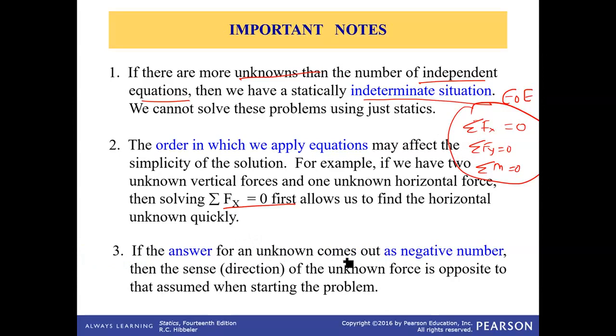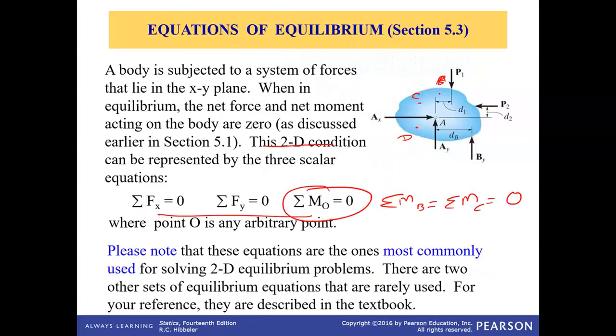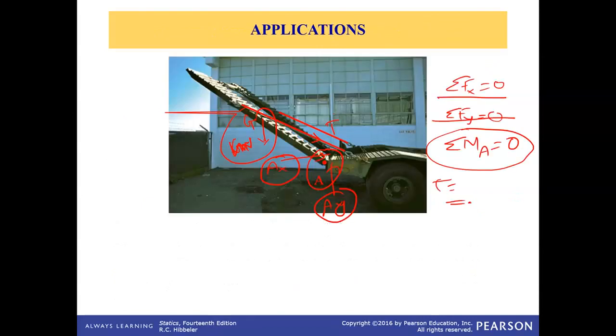If the answer for an unknown force comes out as a negative number, then the sense of the unknown force is opposite to the assumed direction at the start of the problem. Let's go back and look at this example.